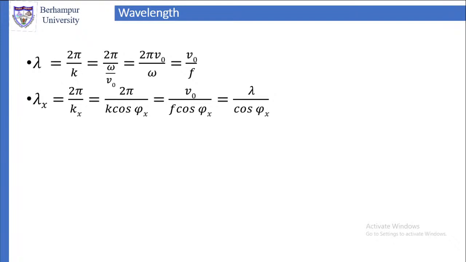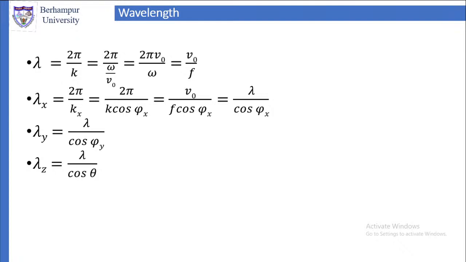Similarly, lambda y will be 2 pi by ky, that is lambda by cos Py, and lambda z will be lambda by cos theta. So lambda x is lambda by cos Px, lambda y is lambda by cos Py, lambda z is lambda by cos theta.